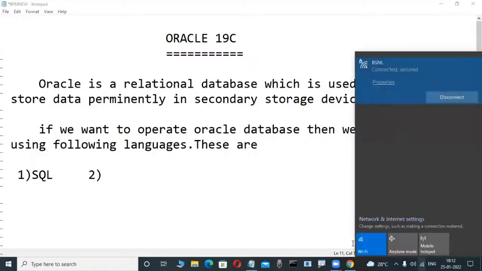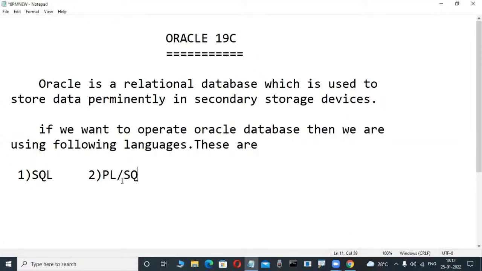Third one, dynamic SQL. This is easy, and a newcomer can also understand.